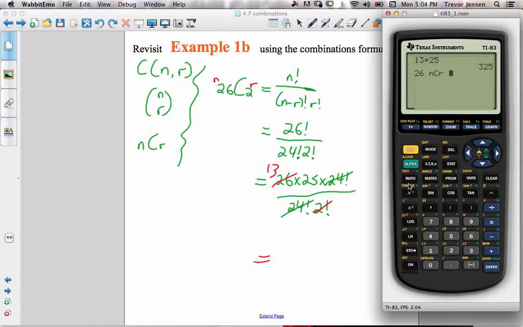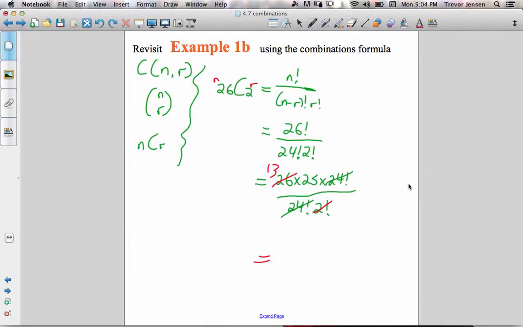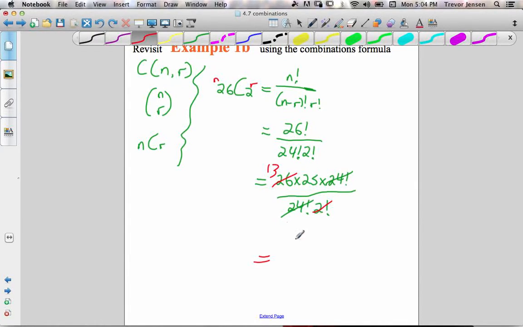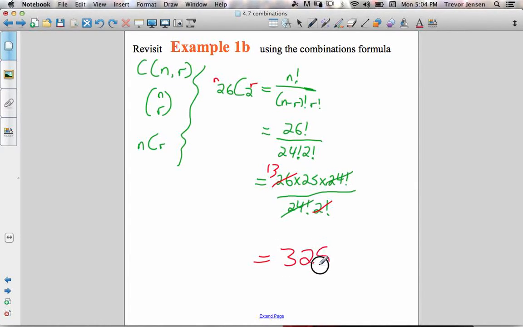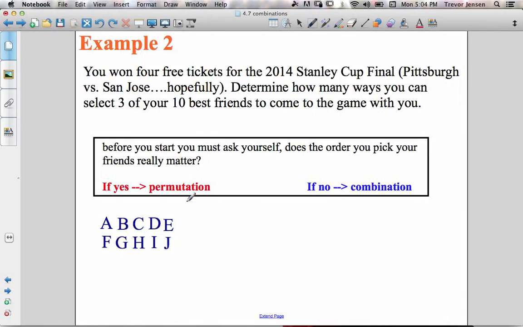So 26 choose 2. This will tell you how many groups of 2 you can make from 26 if the order does not matter. And you see you get the same answer either way. We get 325 different groups of 2 we can make from 26 objects. So for the problem with making handshakes in the class, there would be 325 different handshakes taking place in the class if all 26 students shook every other student's hand once.